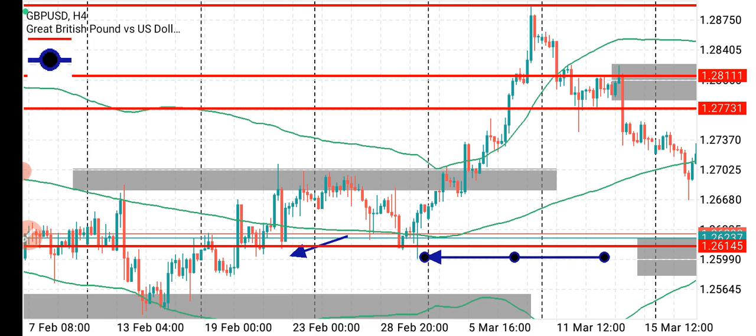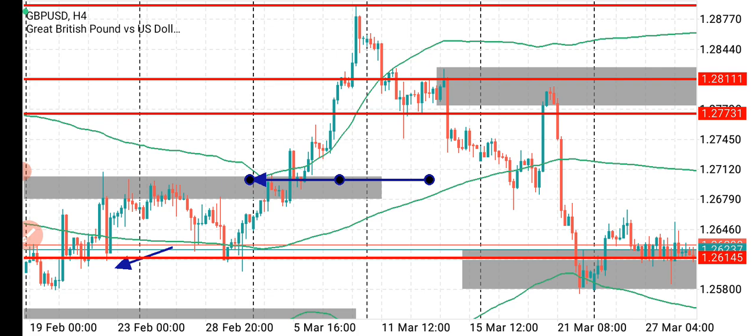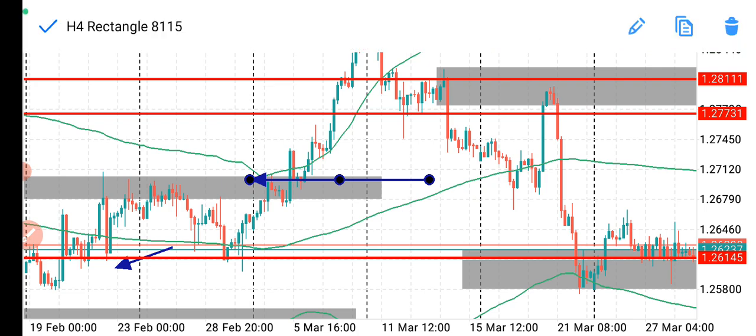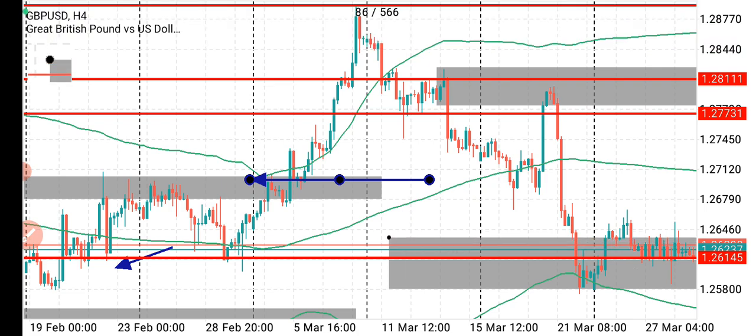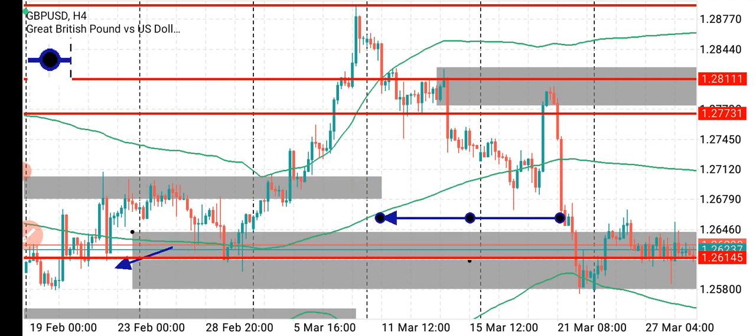Price gave us a pin bar. So this rejection is our confirmation. This pin bar formation, you can see that it is still the same zone that is being extended up to this point. That is it. The same zone.